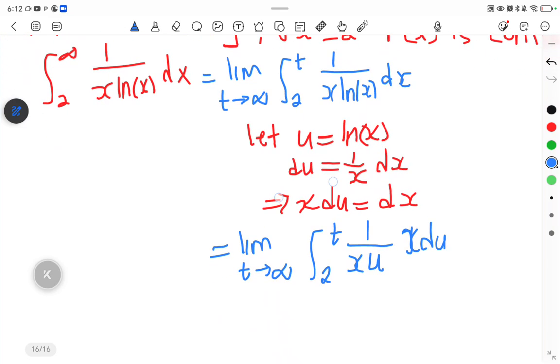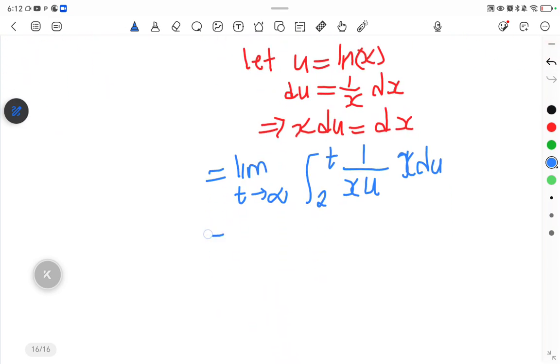Then the x will cancel the x, right? And then I say the limit as t approaches infinity, integral from 2 to t of 1 over u du.